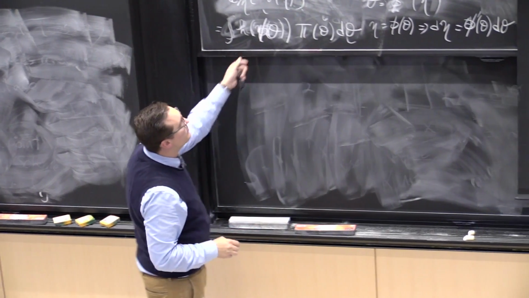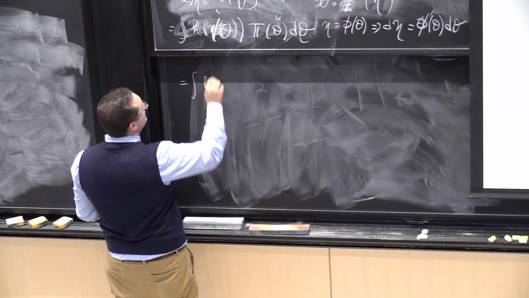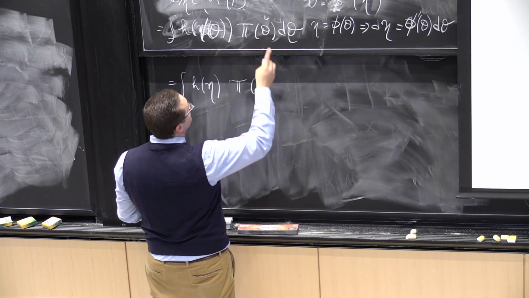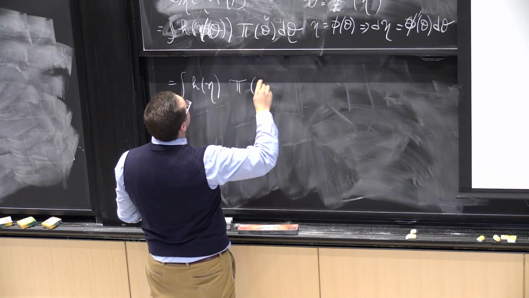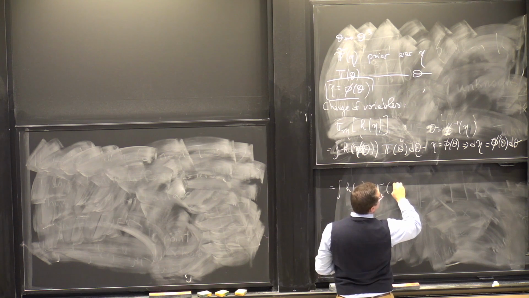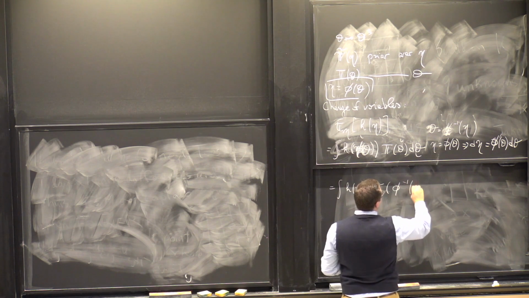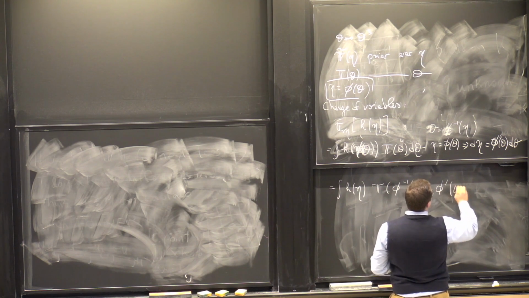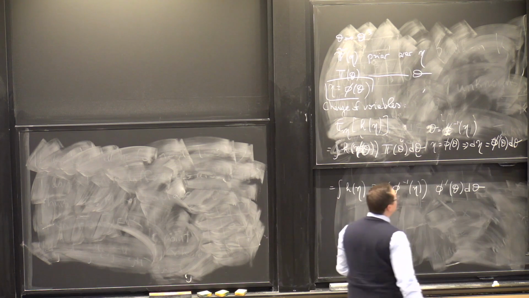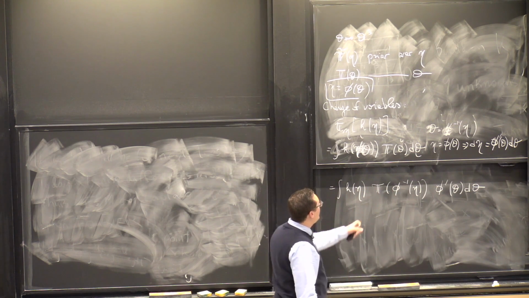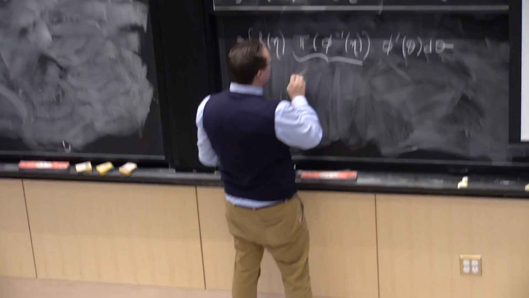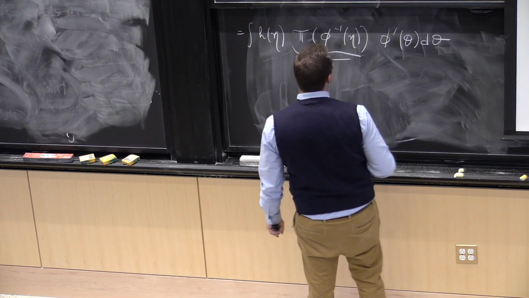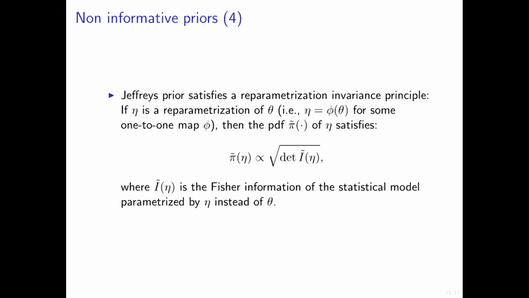Now I'm going to do my change of variable. So this is going to be the integral of h of eta, and then pi of phi of theta, where theta is phi inverse of eta, and d theta is phi prime of theta d theta, okay? And so what is pi of phi theta? This thing is proportional, say we're in dimension 1, to the square root of the Fisher information.